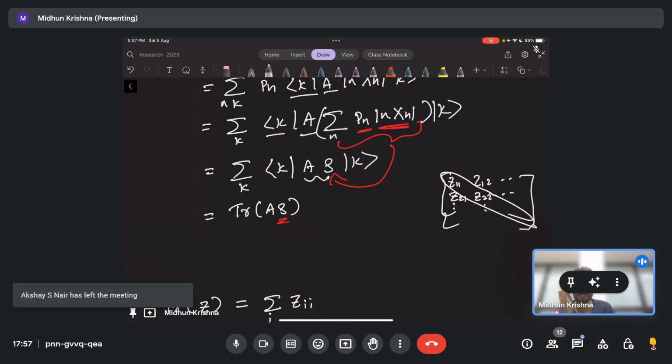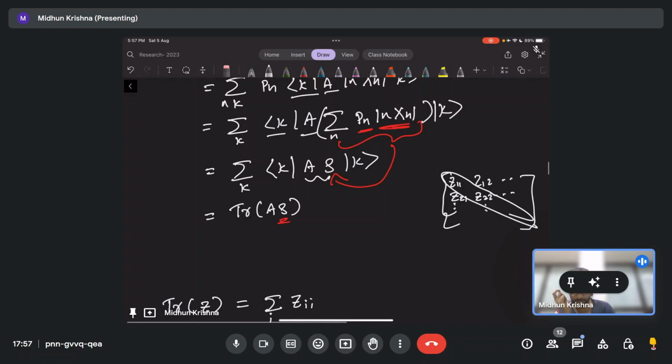In quantum mechanics, we're interested mostly in the expectation values of observables. To find expectation values, you don't need to keep track of what happens to each state. If I'm given an ensemble with Pn and the state |n⟩, I can define this quantity rho, which is the sum over n of Pn |n⟩⟨n|. This rho encodes the information about this ensemble.